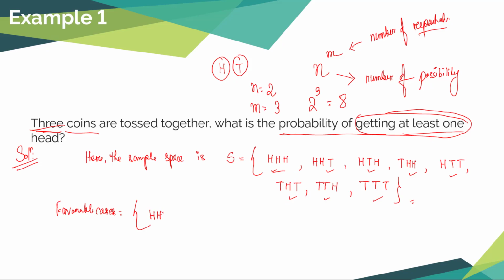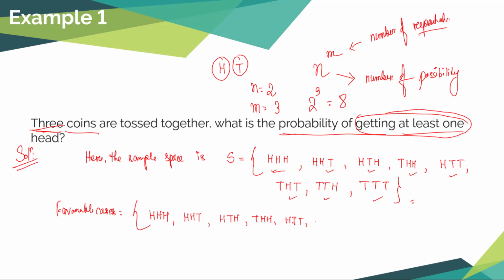So that means this is favorable for us. The next one is also at least 1 head. The next one is also at least 1 head. The next one also satisfies. The next one also satisfies.